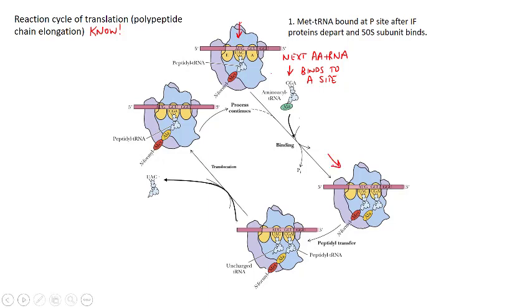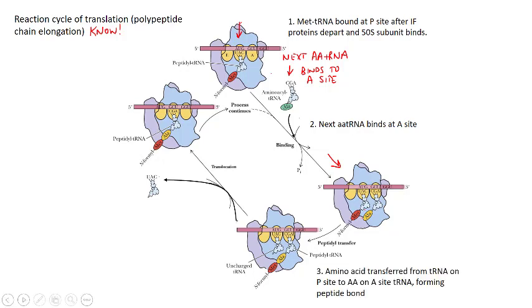And that gives us this structure that we have right here. So now we have amino acid 1 and amino acid 2 bound right next to one another. Okay, so we've got both amino acids that we need, the first two amino acids in our protein lined up side by side. So what happens at the next step? What happens at the next step is the tRNA that's at the P site transfers its amino acid to the A site tRNA.